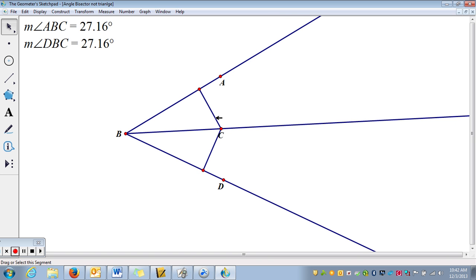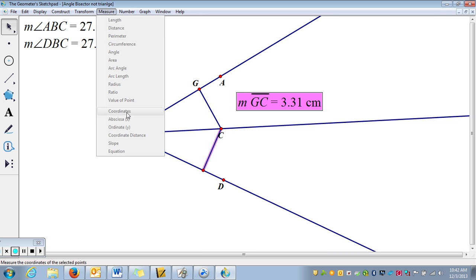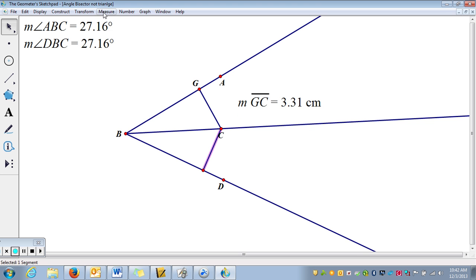Alright, so then I have two perpendicular lines, and then I'm going to actually measure the length. So the length of that is 3.31, and then the length of that. So notice that these two lengths are the same.